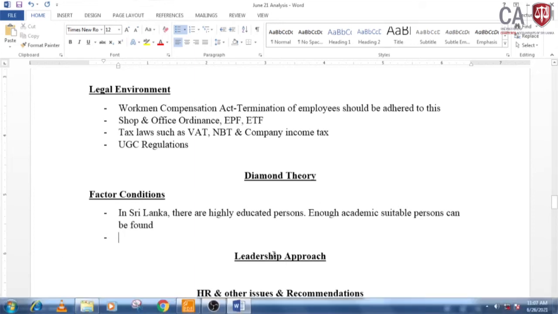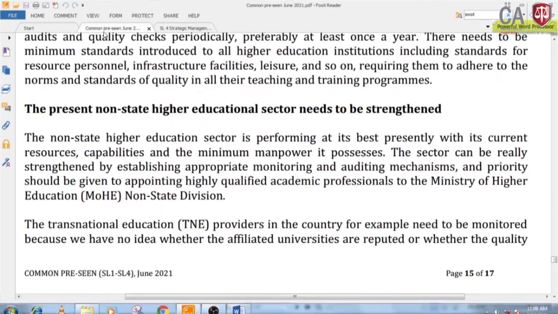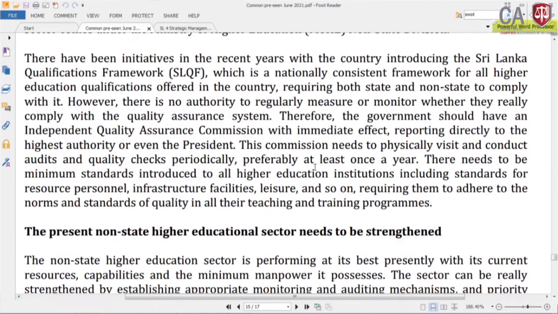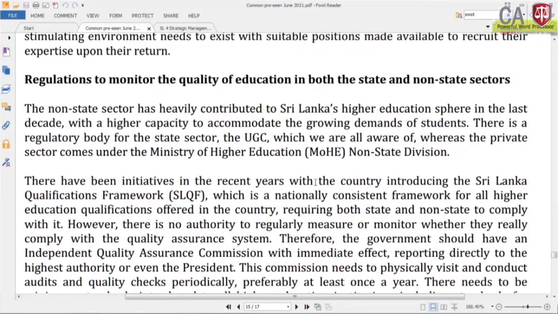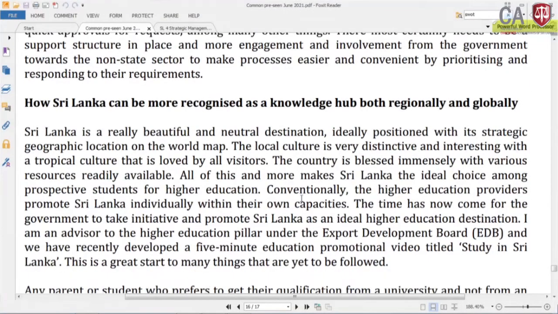Anything else we can identify? Physical resources, what do you think? Something was mentioned in the article that Sri Lanka is a beautiful country with the required environment. See this: Sri Lanka is a really beautiful and neutral destination, ideally positioned with its strategic geographical location on the world map.